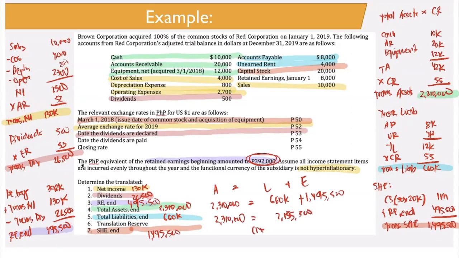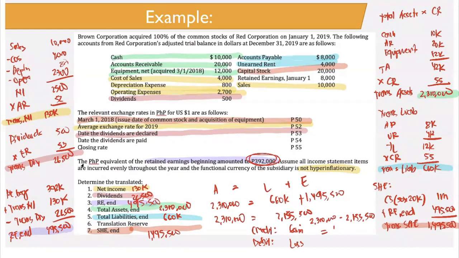If credit is lesser, we have a gain. If debit is lacking, we have a loss. In this case, we have a gain. So how much is our gain? 2,310,000 less 2,155,500.